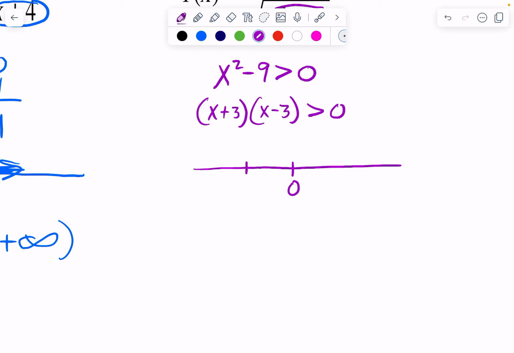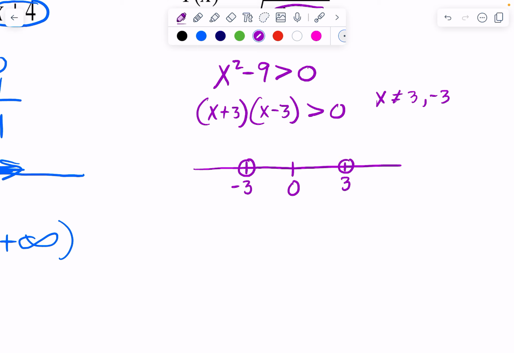So we know that x has to be greater than 3 or negative 3. So we don't know which ones are going to work, so we're going to set up test zones. So we're going to place a negative 3 here with a circle because we know it can't equal negative 3. We're going to set up 3 over here with an open circle, because it can't equal 3.